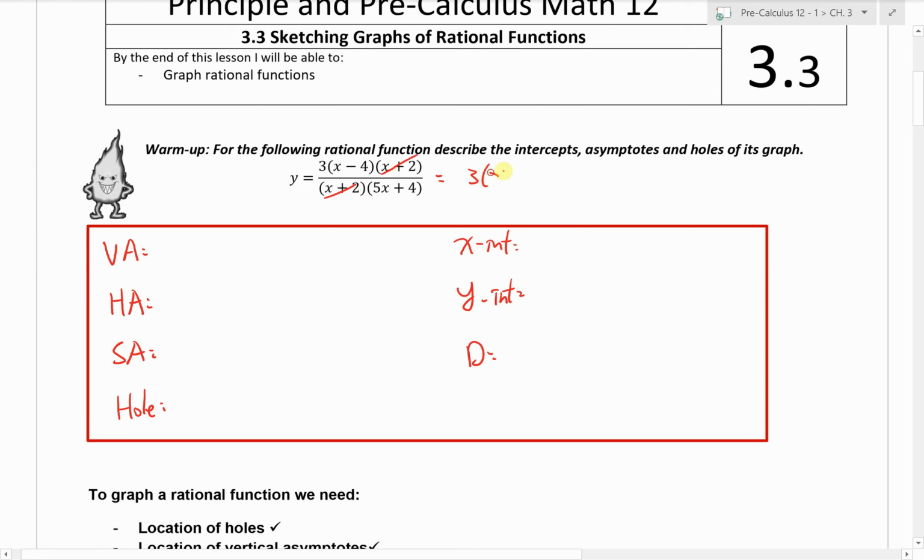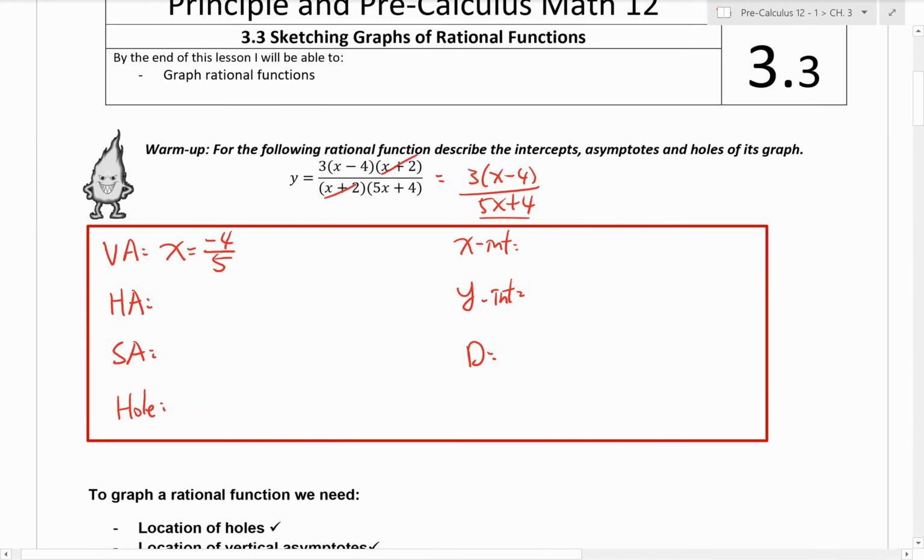So I get 3 times x minus 4 over 5x plus 4. So clearly I would have a vertical asymptote, and that came from whatever x value will make the denominator 0. I will not solve for x, but I did in my head. So hopefully you know how I got that number, negative 4 over 5. You simply solve this equal to 0 and you should get that.